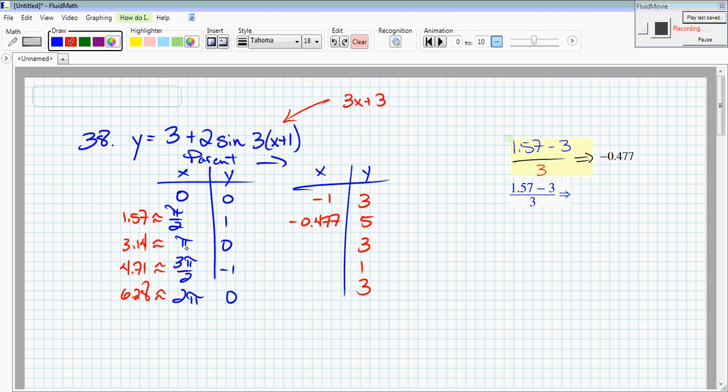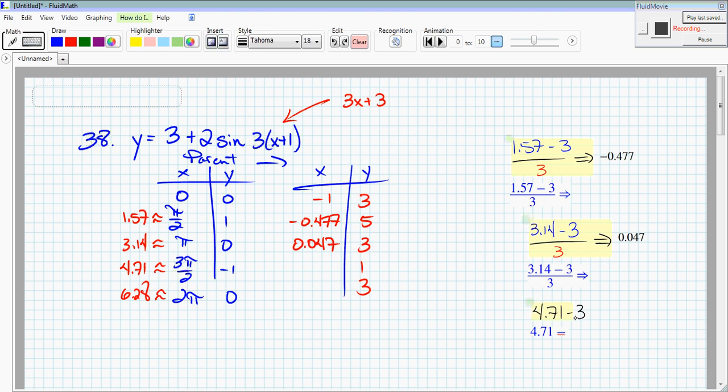Then we take our next value of pi, which is approximately 3.14. We subtract 3 and divide by 3, and that gives us approximately 0.047. Next we take 3 pi over 2, which is approximately 4.71 minus 3, all divided by 3, is approximately 0.57.